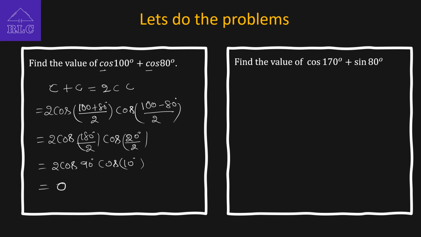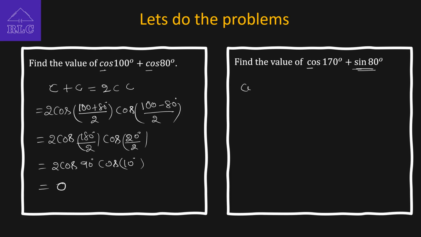In the same way, we'll try this one. Here CS is there, and we don't have such a formation in our transformations. Either both should be cos or both should be sine. So I will convert the second one in terms of cos using the sine convention.